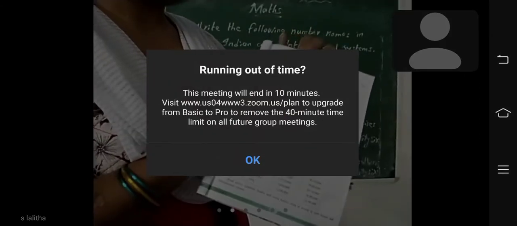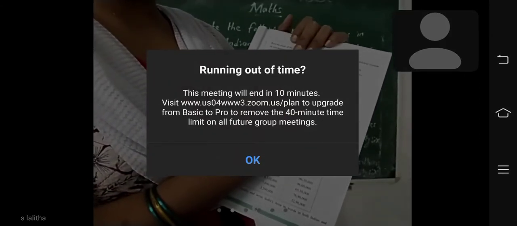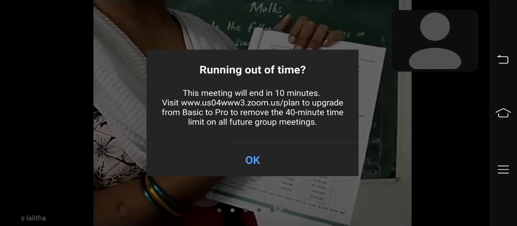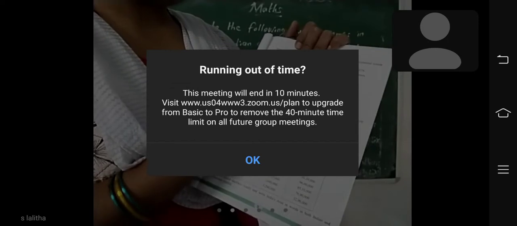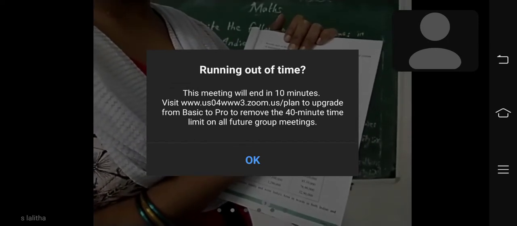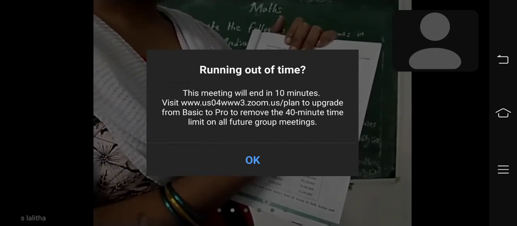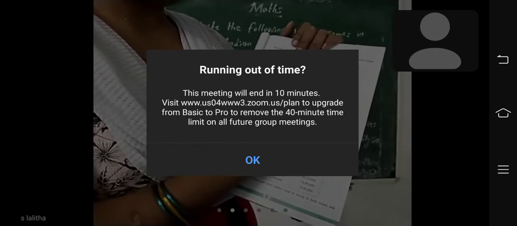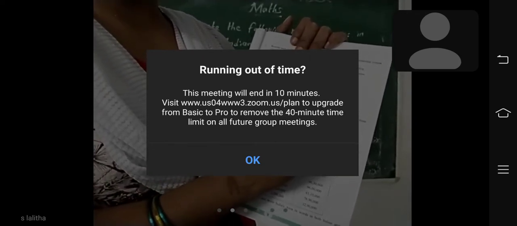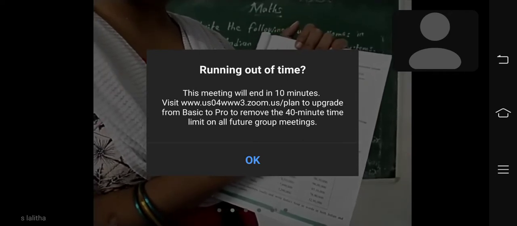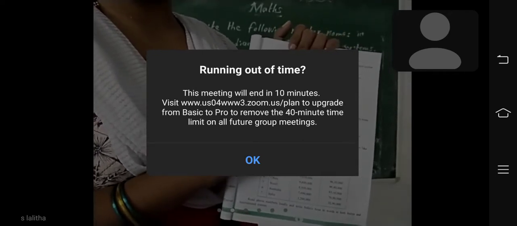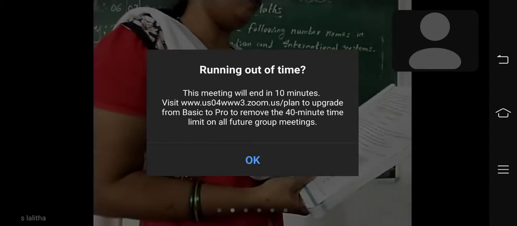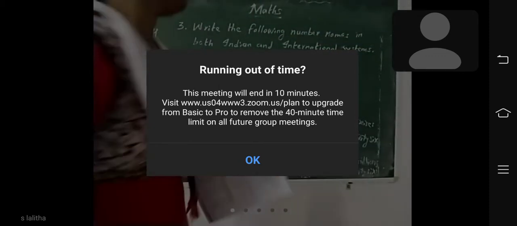And like here, where the international system is given, you should write the same number and keep the commas in the Indian system. Like that, that is homework for you. Okay, children?